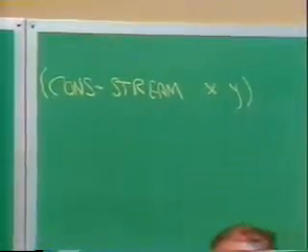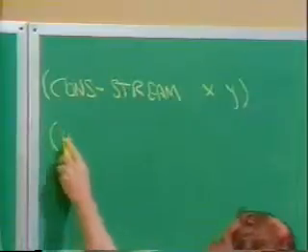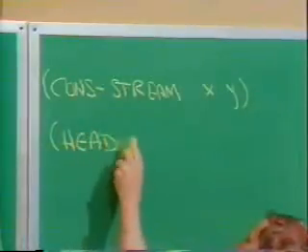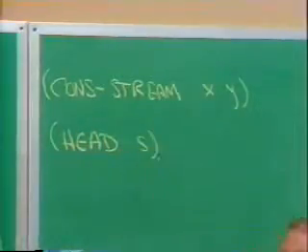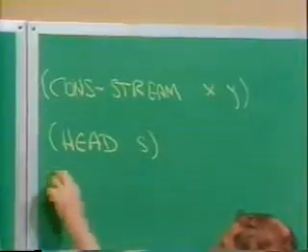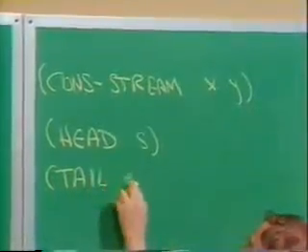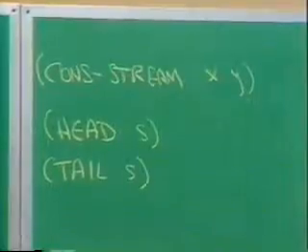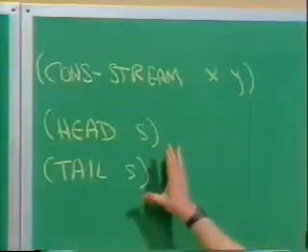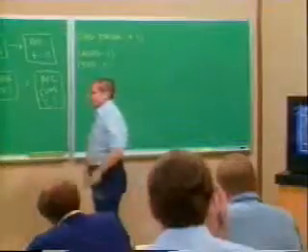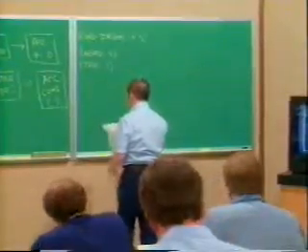And then to extract things from the stream, we're going to have a selector called the head of the stream. So if I have a stream, I can take its head, or I can take its tail. And remember, I have to tell you George's contract here. Tell you what the axioms are that relate these.